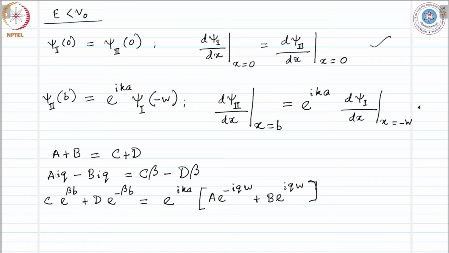and finally c beta e^(beta b) minus d beta e^(-beta b).